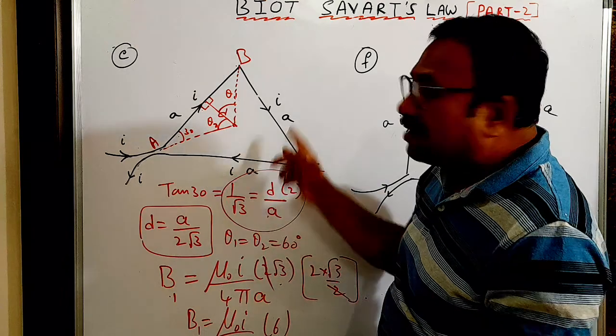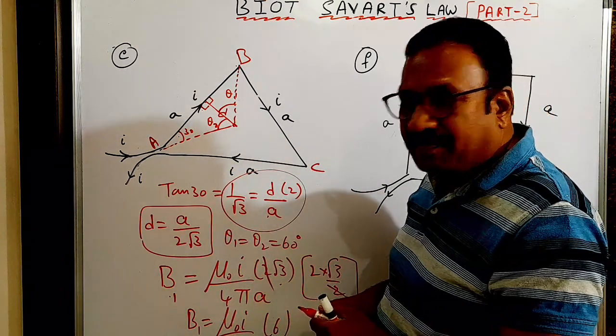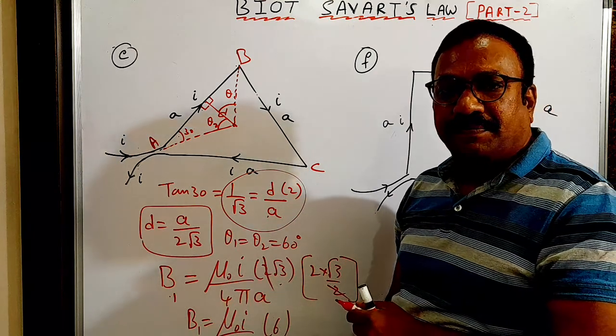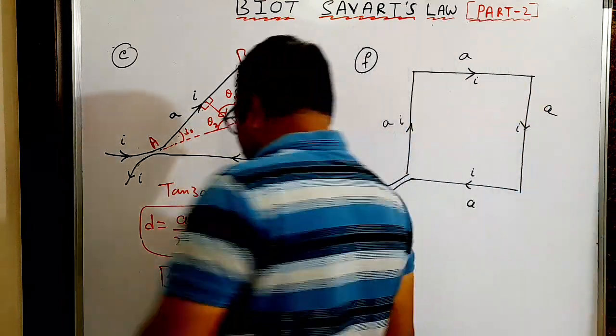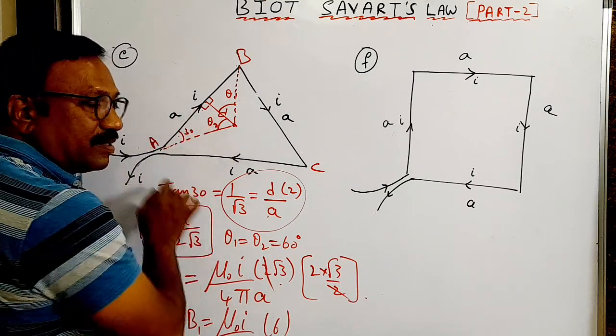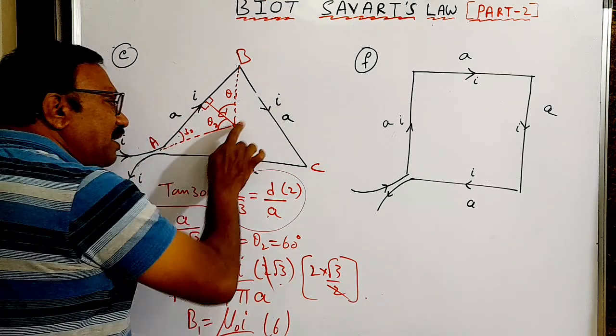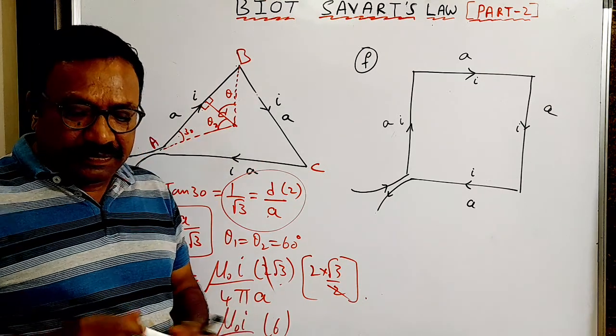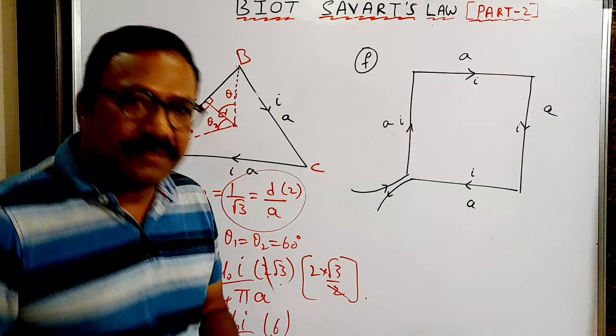All the three conductors are producing an inward field, and all the three conductors produce the same field. So what happens now? Suppose this total quantity is x: x due to this, plus x due to this, plus x due to this. Because all the three fields are inward only, so the sum of all these three fields.